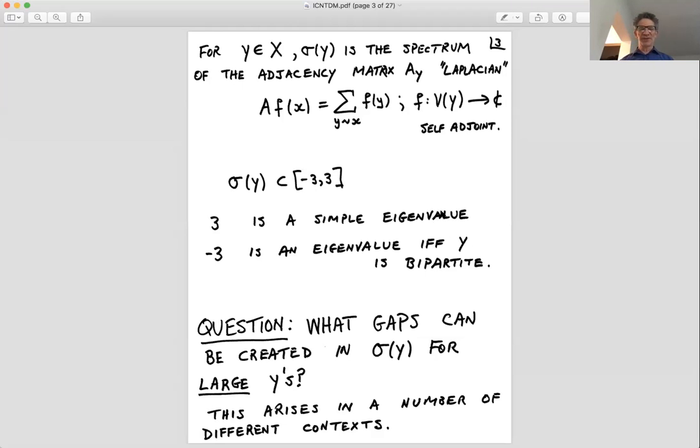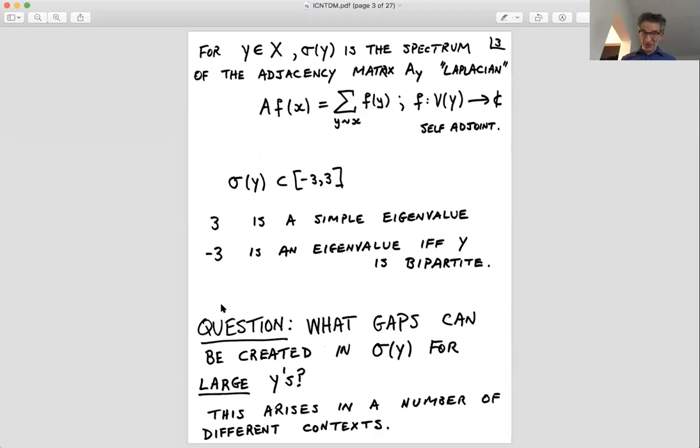It's always simple because the graph's connected, and it's an easy exercise to check that -3 is an eigenvalue of this matrix A, or is in the spectrum, and simple if it's there, if and only if the graph is bipartite. So those are the only 2 easy numbers to immediately recognize in the spectrum, and they are very informative in terms of connectivity and bipartiteness.